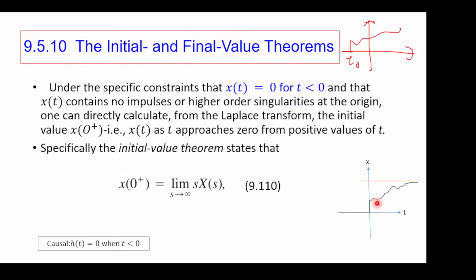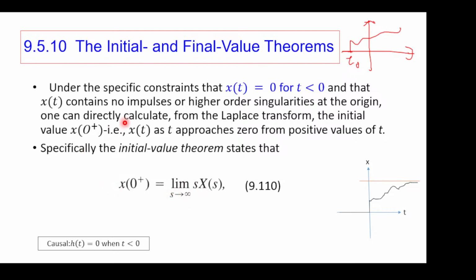Okay, and then you keep going, and you might approach some value at t equals infinity. This jump value x of 0 plus, and this infinity value x of infinity, can be calculated from the initial and final value theorem from its Laplace transform.